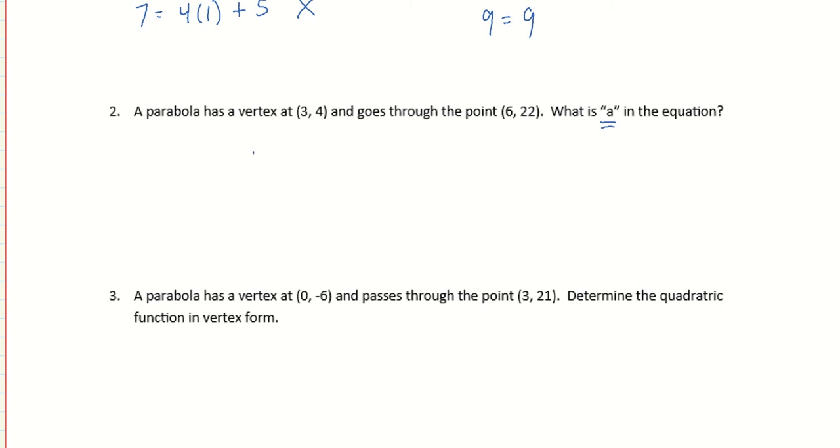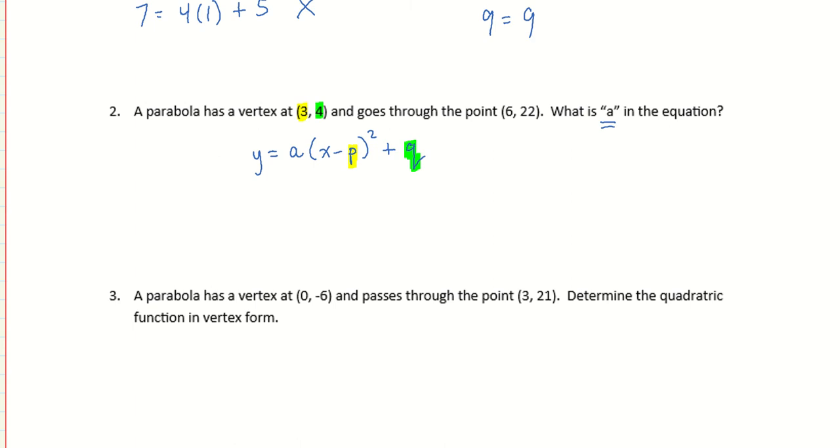Let's take a reminder of what our vertex form of the parabola is. So y = a(x - p)² + q. All right, so if you recall from previous lessons, the p is the x coordinate of the vertex, and the q is the y coordinate of the vertex.